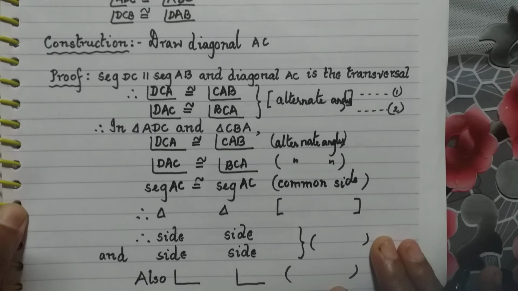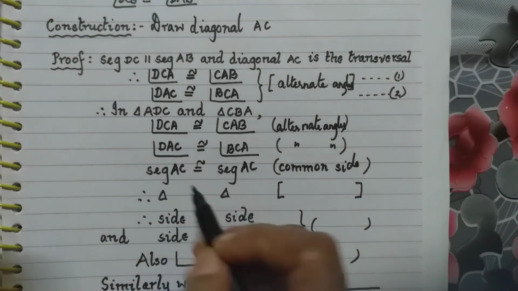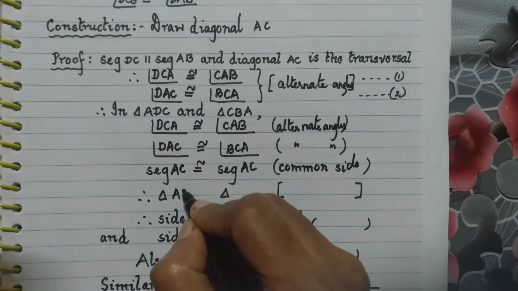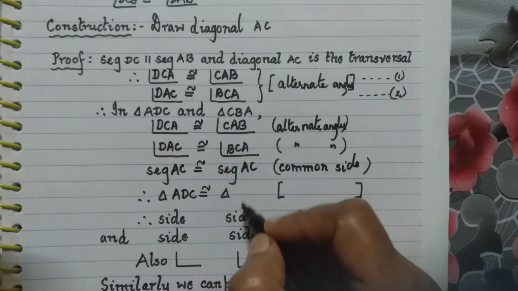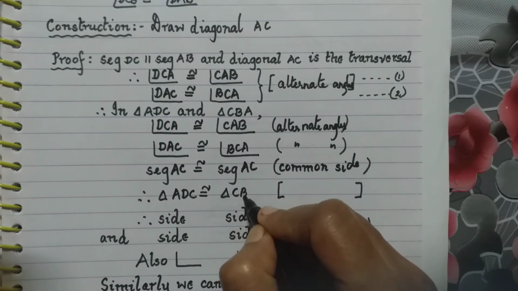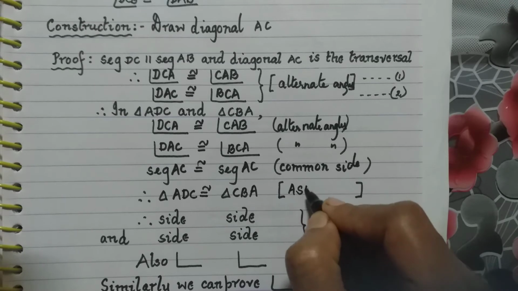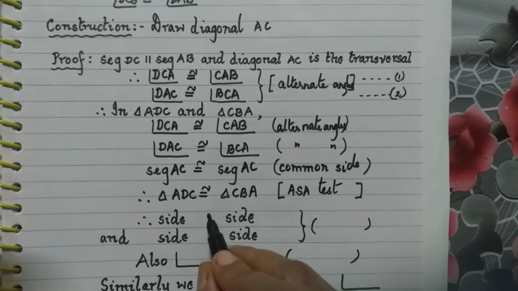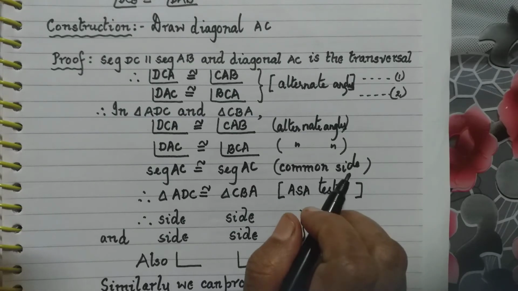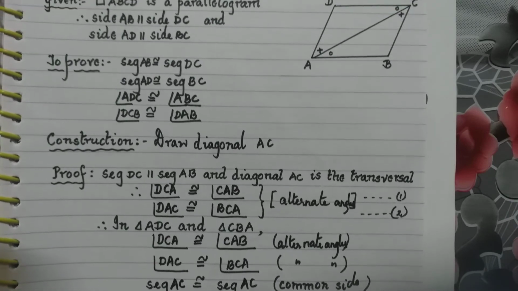Therefore triangle ADC is congruent to triangle CBA by the ASA test.